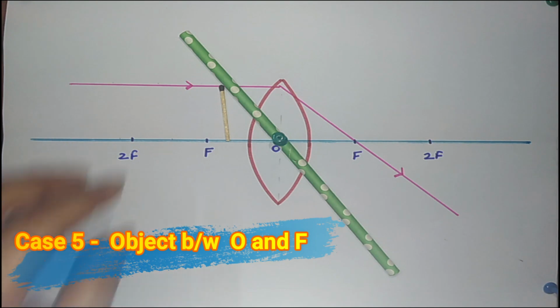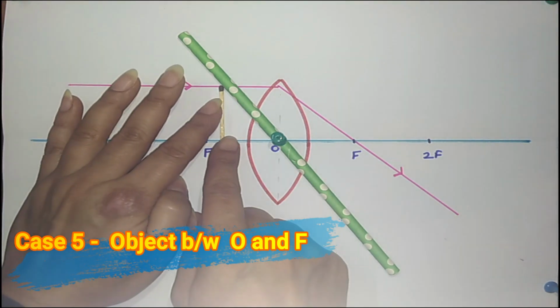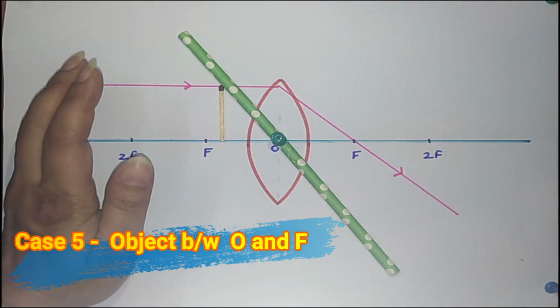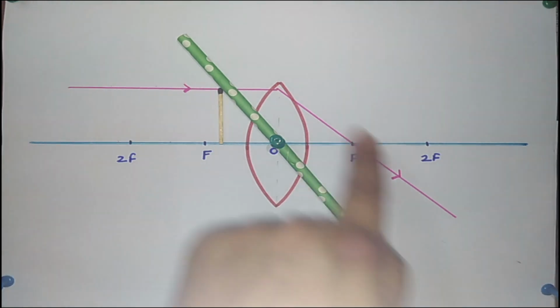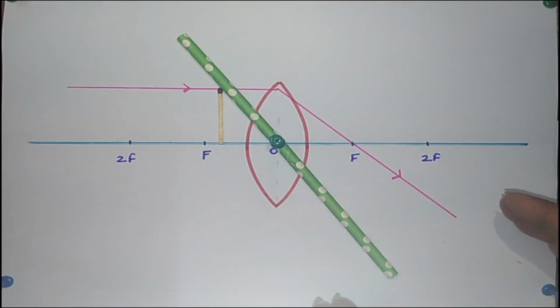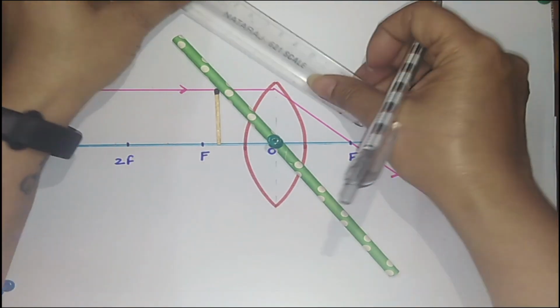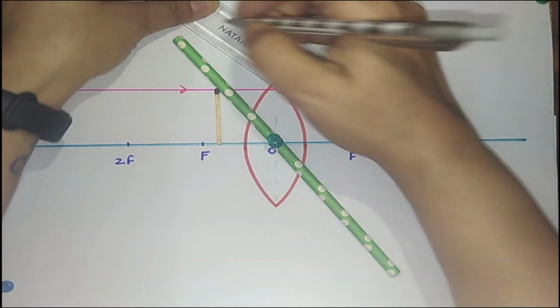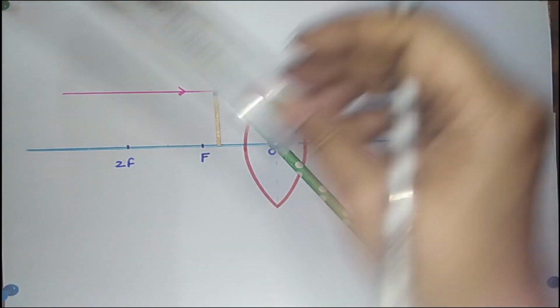Now, let us talk about the last case, where we have placed the object between the points F and O of the lens. Once you observe this, we can say that the rays are not meeting. So what we are supposed to do here is extend them in the backward direction to a point where the two will meet.